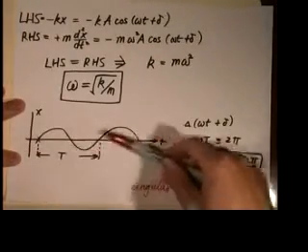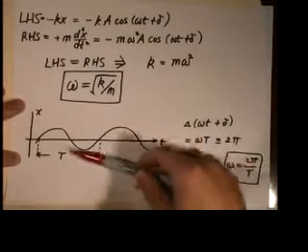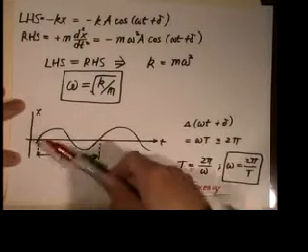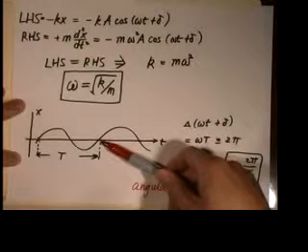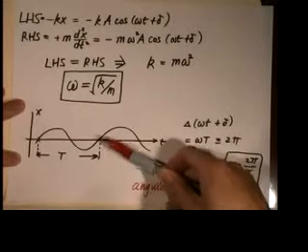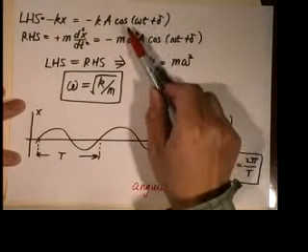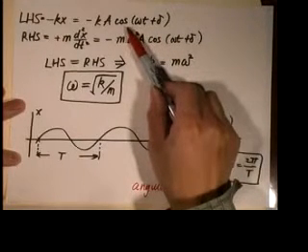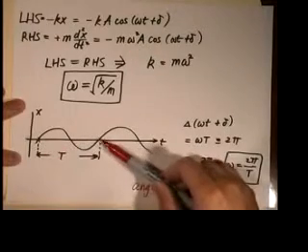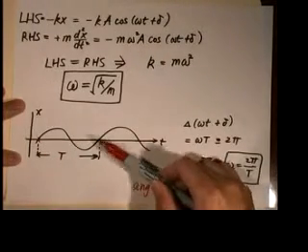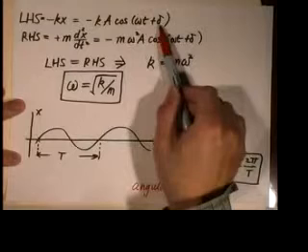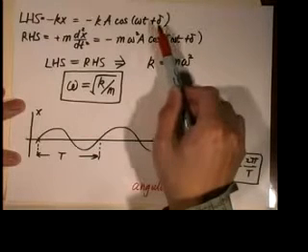Here's a couple of cycles of oscillation. Going from here to there, the motion repeats itself, that's 1 period T. Over this 1 period T, how much should this phase angle change? Well, the cosine function is a periodic function with a period of 2 pi. So as you go from here to there, if the cosine function repeats itself, that means the phase angle, omega t plus delta, must change by 2 pi.